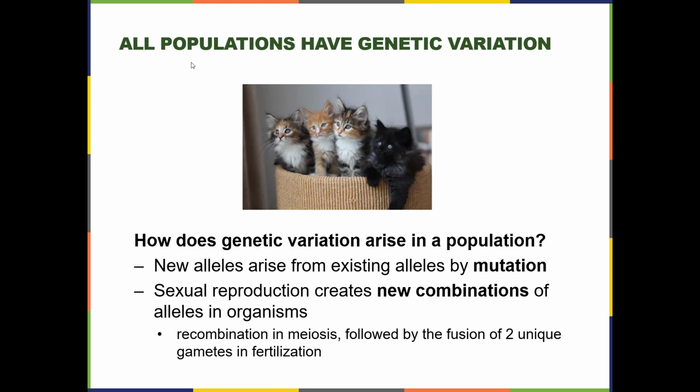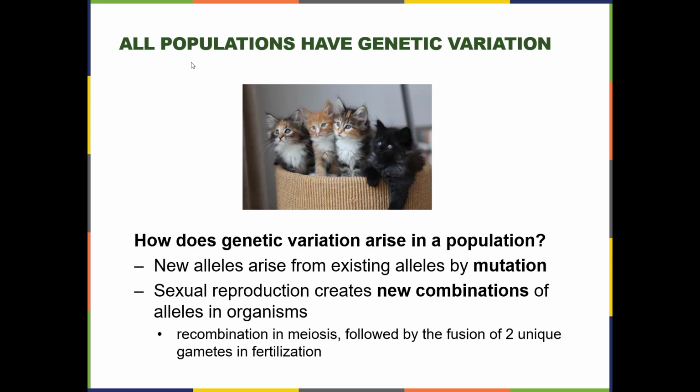Boom. And then sexual reproduction creates new combinations of alleles. You probably remember independent assortment. That means the chromosomes are assorted into gametes independent of one another, such that any combination of alleles can end up in a gamete.